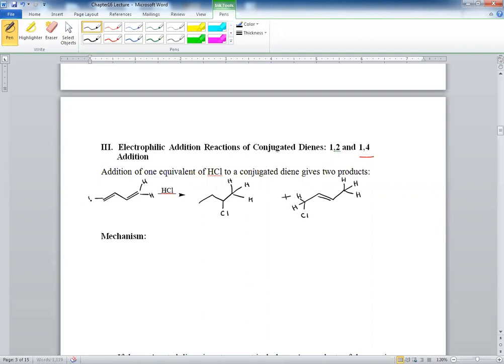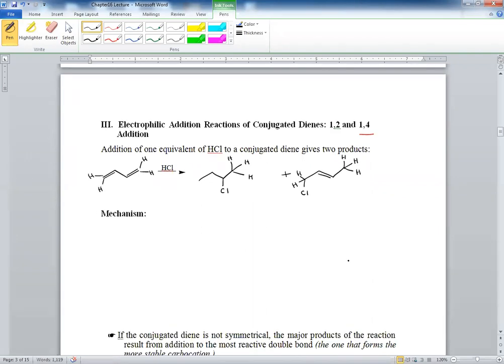So I'm showing these H's for a reason. This is called the 1,2 product, and this is called the 1,4 product. Very well. What happens in the mechanism here? Well, we have to talk about that.